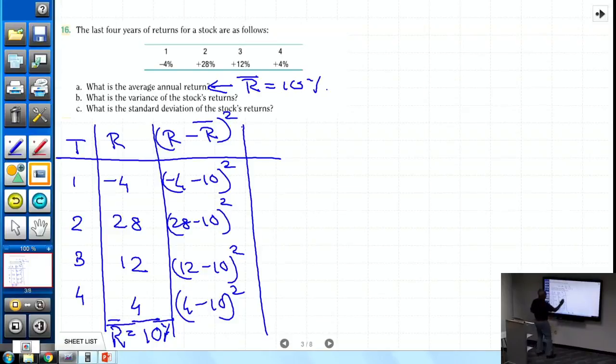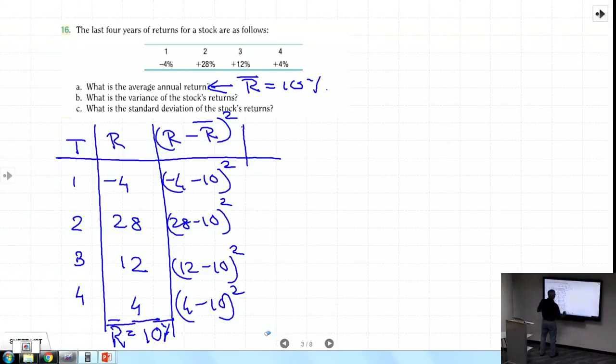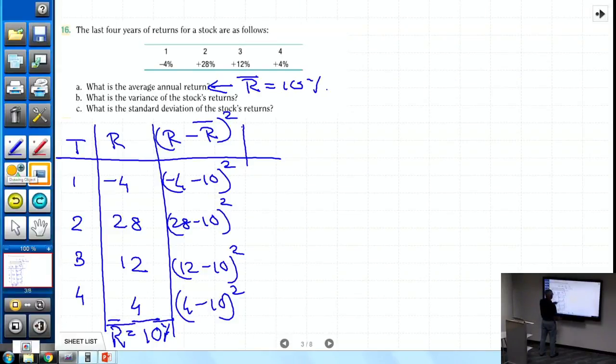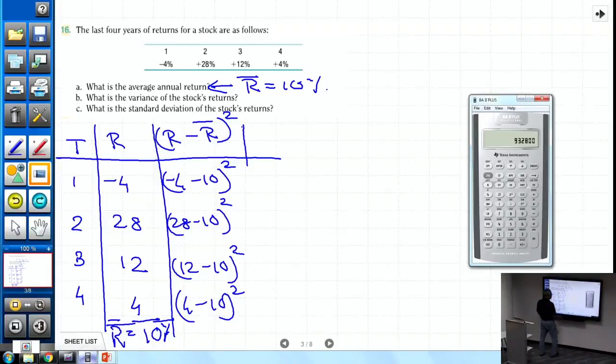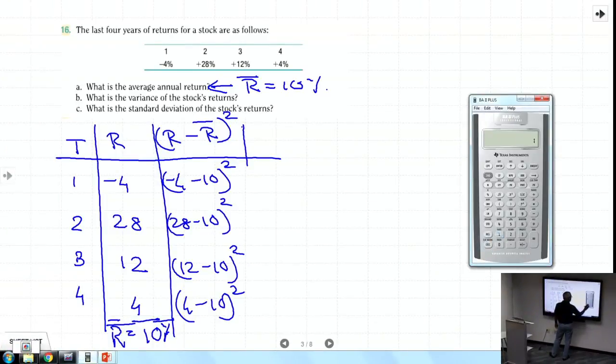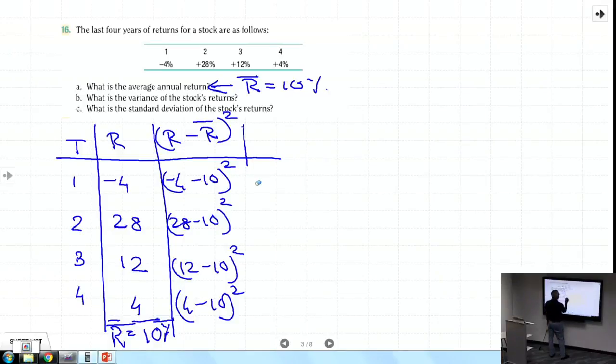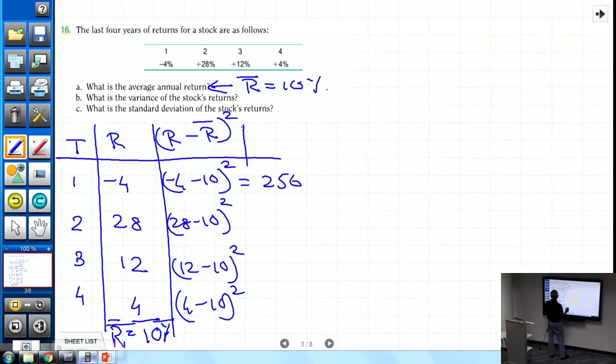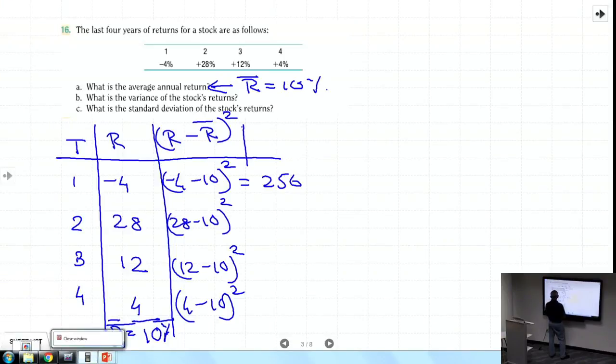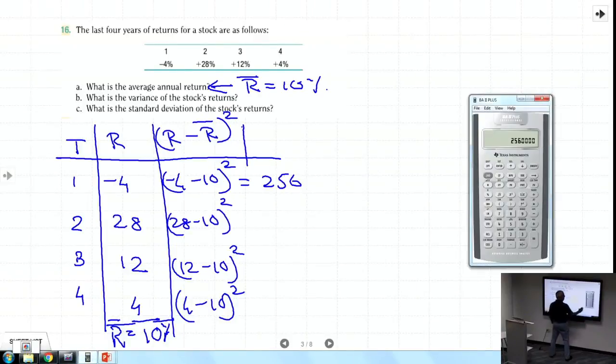And then I can calculate this. So this is -16, so 16 squared is 256. Then I have 18 squared. 18 squared is 324.